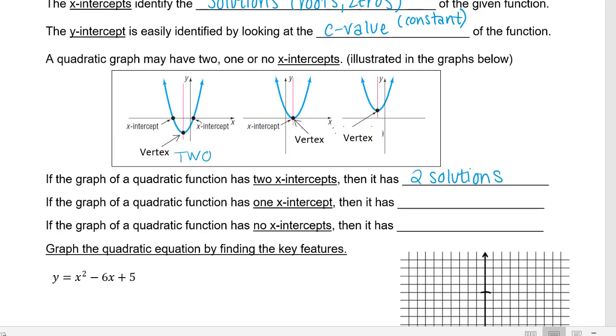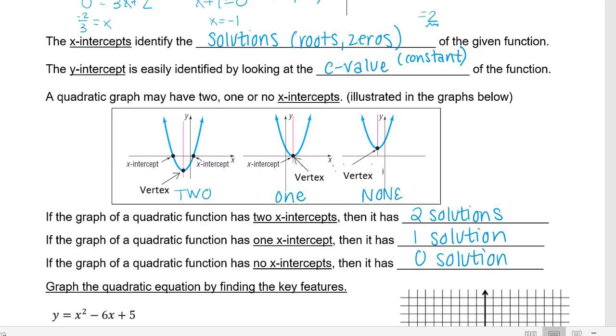If the graph of our quadratic function has one x-intercept, then it'll look like that middle graph and it will have one solution. And if it has no x-intercepts, then that function is not crossing that x-axis at all. It will have 0 solutions. Technically imaginary solutions, but we're not going to get into that within Algebra 1.